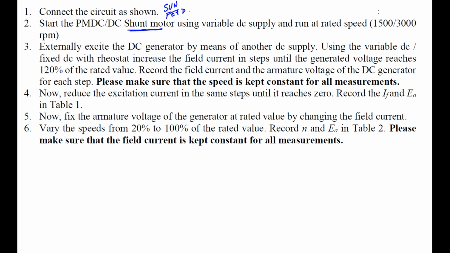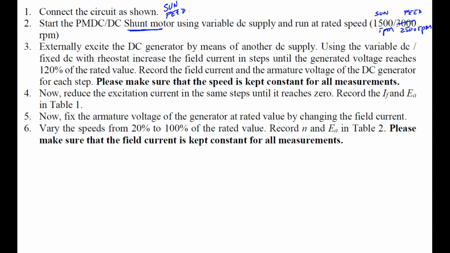So for the sun station, we have to reach 1500 RPM, and for the feedback station, it is a very big speed, so let's reduce it to 2500 RPM.